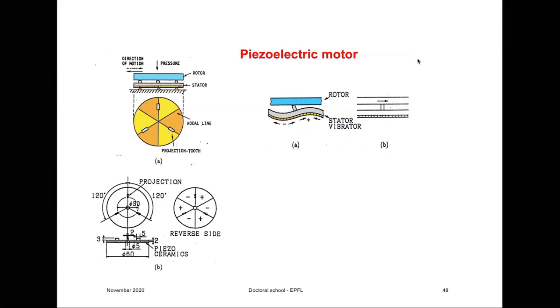Piezoelectric motors are used in many places. You are using them. For example, in many full-sized cameras, you are using a piezoelectric motor for focusing, for moving the lens. You are also using piezoelectric motors of a different type, linear type, in telephones for focusing.